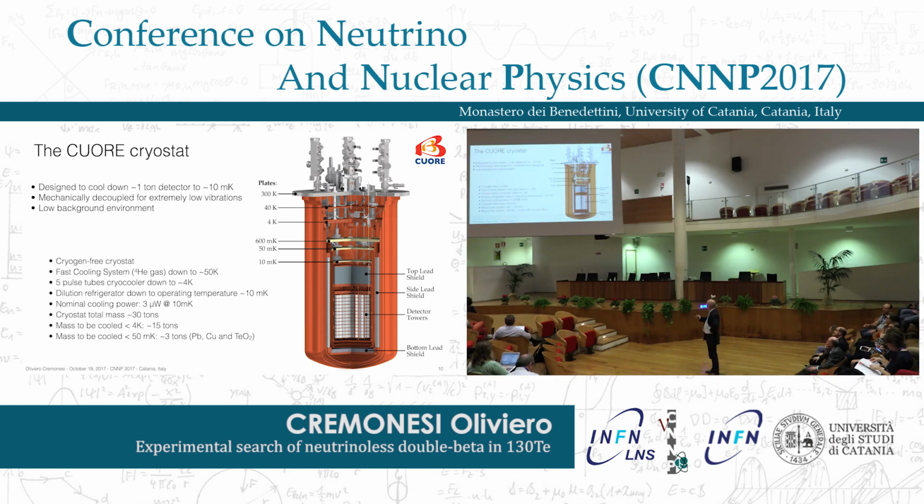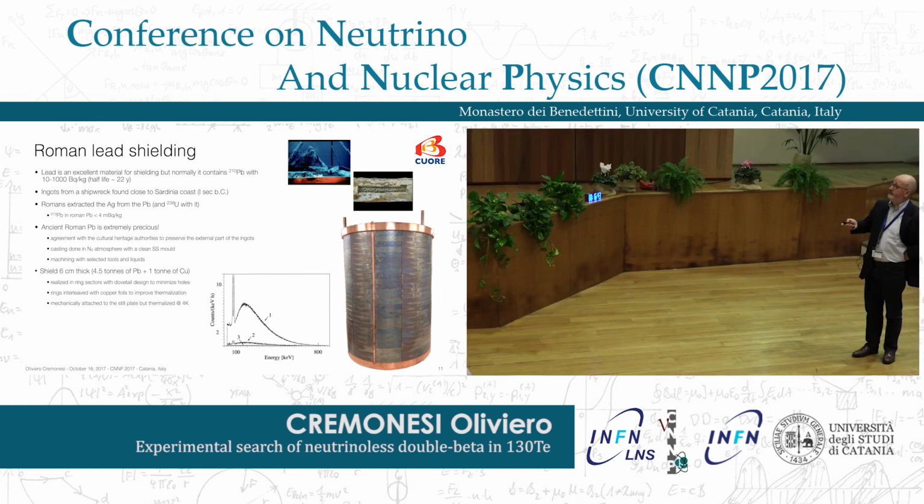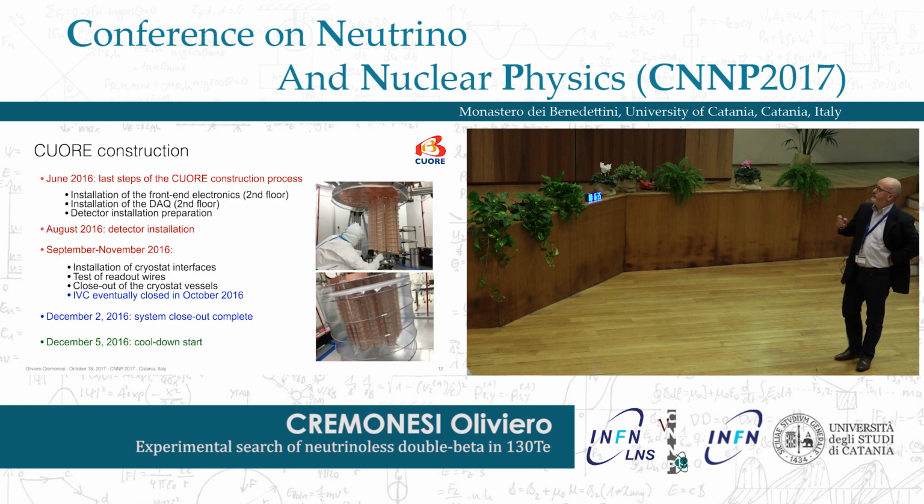It is endowed with 5 powerful pulse tubes and a dilution refrigerator, which are able to guarantee this. Let me remind you that the internal part of the cryostat also holds a very heavy ancient Roman lead shield, which protects the detector from the radioactivity of the cryostat.